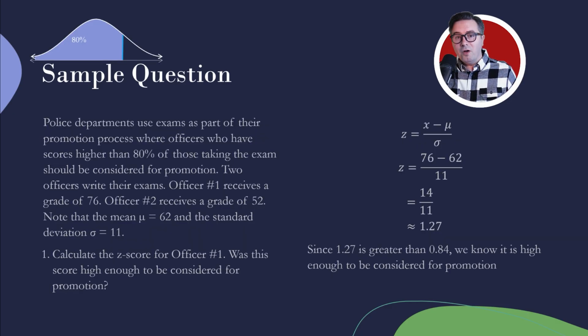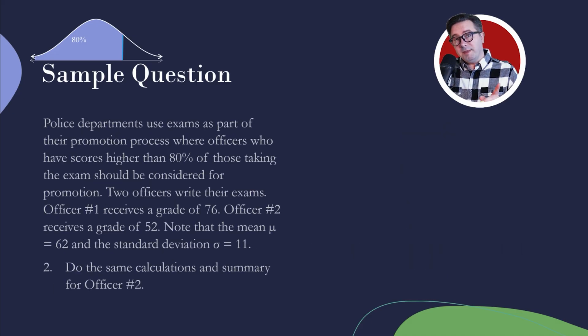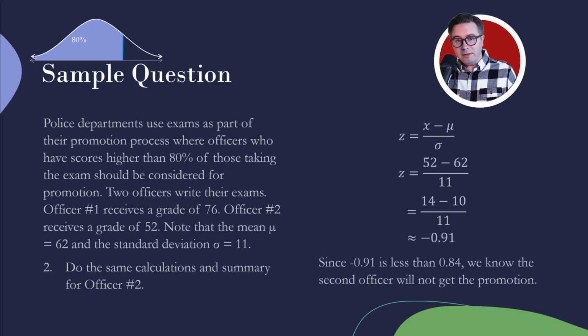Since 1.27, the z-score of the first officer, is greater than 0.84, we know that they are high enough for promotion. But what about the second officer? When we plug those values in, that person has a z-score of negative 0.91.